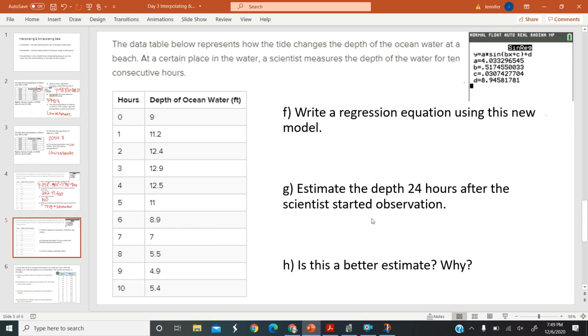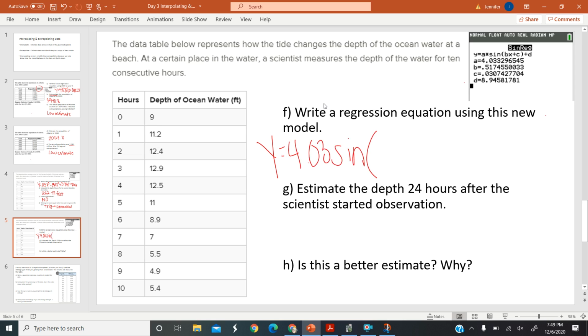Okay, so now we're going to write out the equation. So you have y equals a times sine. So I'm going to have y equals, for a we have 4.03 times the sine of bx plus c.